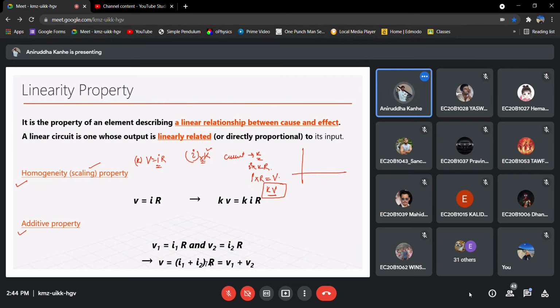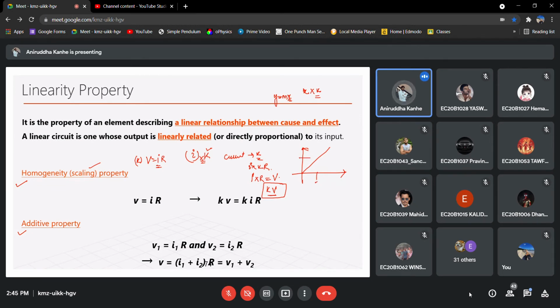Now assume that I am having something like y equals mx. If I multiply x with a constant value k, so if I'm standing here, the corresponding y is here.